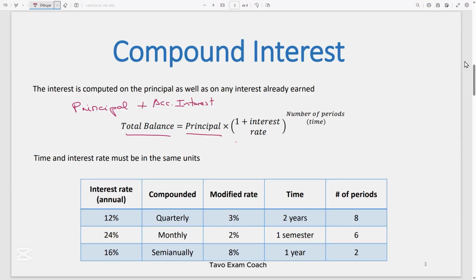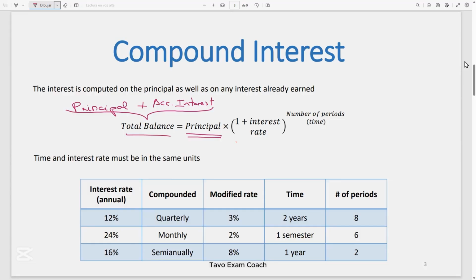That is what we understand when we talk about the total balance. So this total balance would be the original investment amount times 1 plus the interest rate raised to an exponent which is equivalent to the duration of the investment.